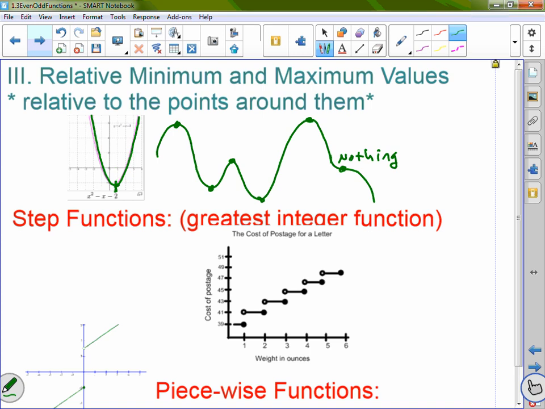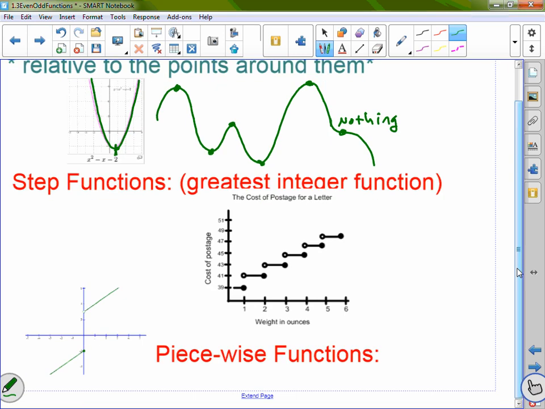All right. We have something called a step function. If we look at this, the cost of postage for a letter, we can see that all the way up to 1, it costs 39. I'm assuming this is in cents, so 39 cents. And then from 1 to 2 ounces, is 1 ounce 39 cents or is 1 ounce 41 cents?